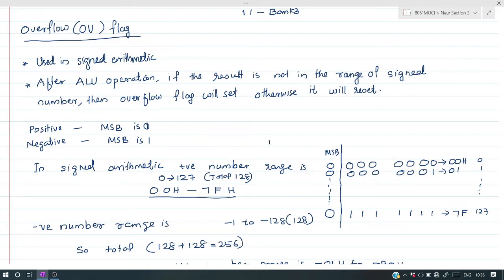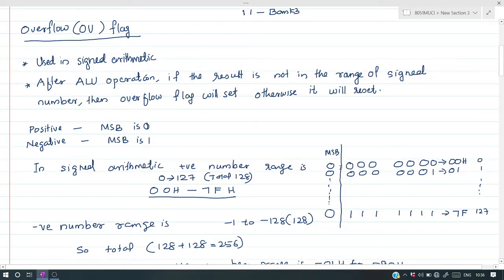So when we are considering positive numbers, the positive number range is from 0 to 127. By means of an 8-bit number, we can have 256 combinations. So 0 to 127 is the range of positive numbers. The MSB bit is 0, which indicates a positive number.